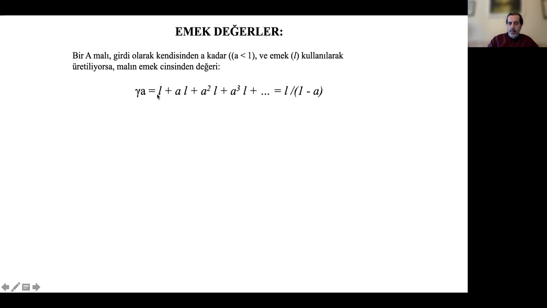This is the quantity of labor that is used directly, and the rest refers to the quantity of labor and inputs that are used indirectly. What I am saying is that we are talking about labor values according to the labor theory of value. The value of any commodity is to be determined by labor time that is used in the production process in general.